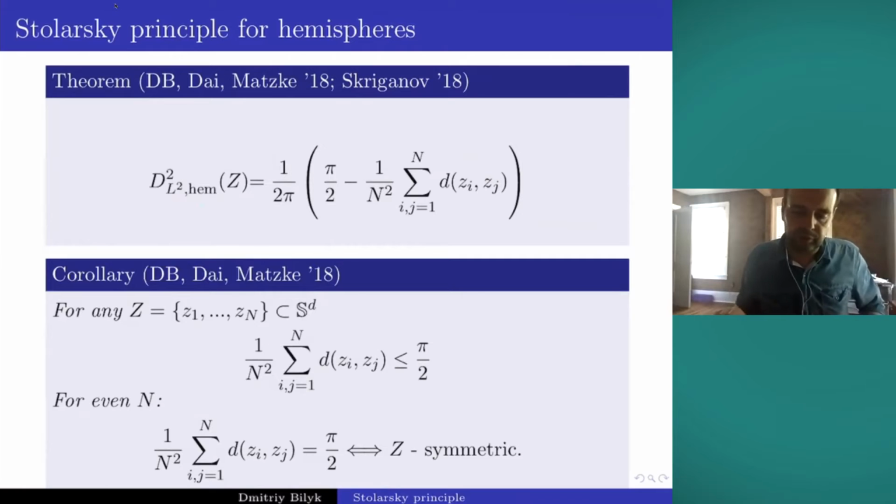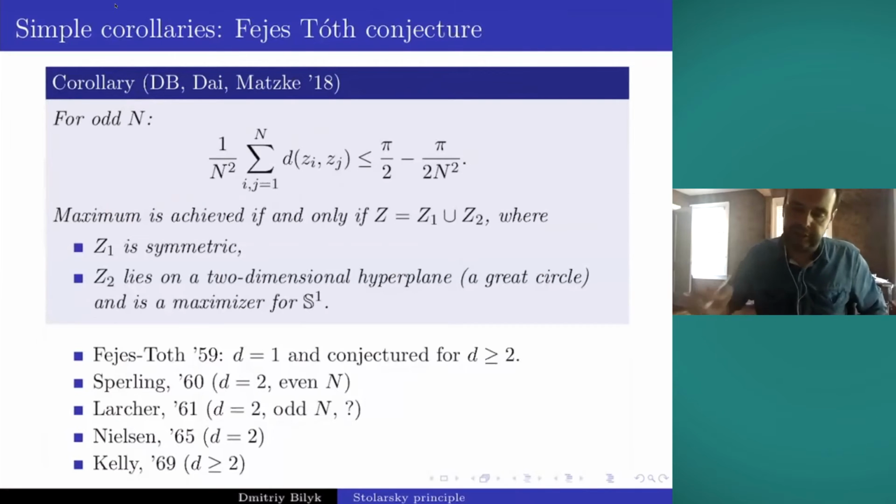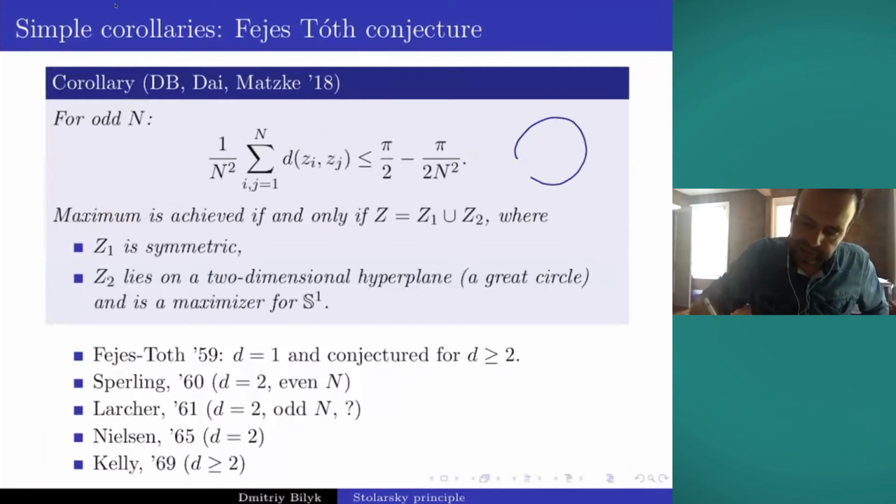It's a little bit more complicated when the number of points is odd. In that case, you can characterize all minimizers still using the Stolarsky invariance principle.